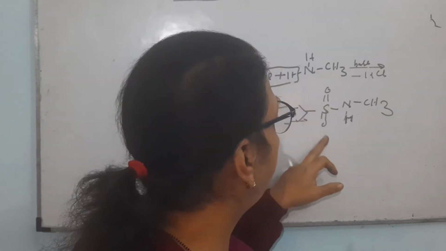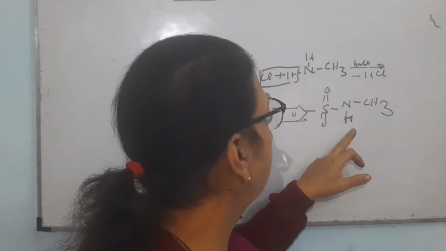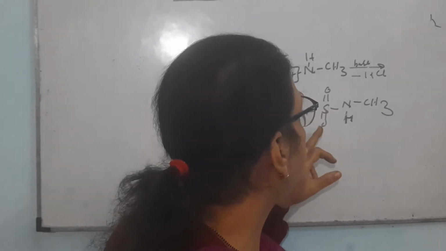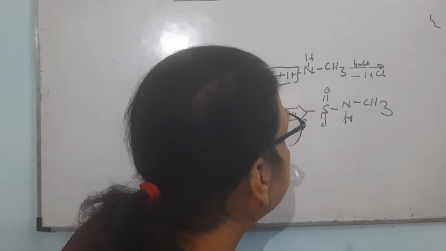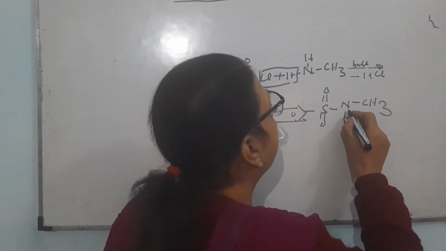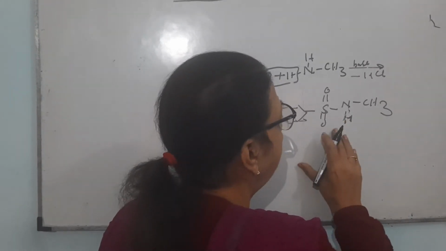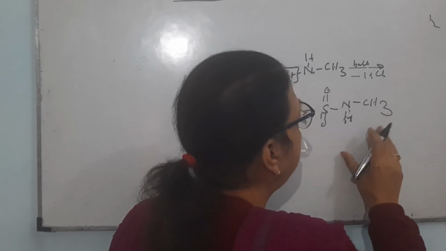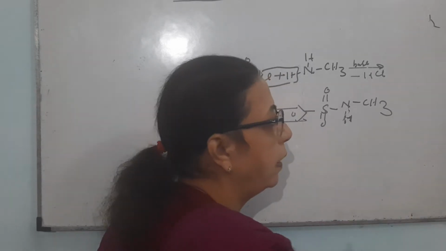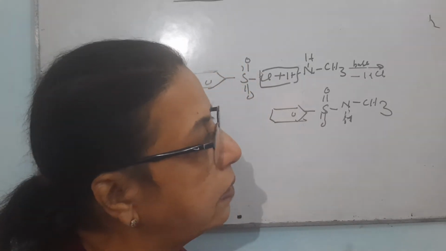There will be formation of a compound called methyl benzene sulfonamide. It is containing one acidic hydrogen. This compound is soluble in alkali, and when it is heated with acid, there will be formation of insoluble material.